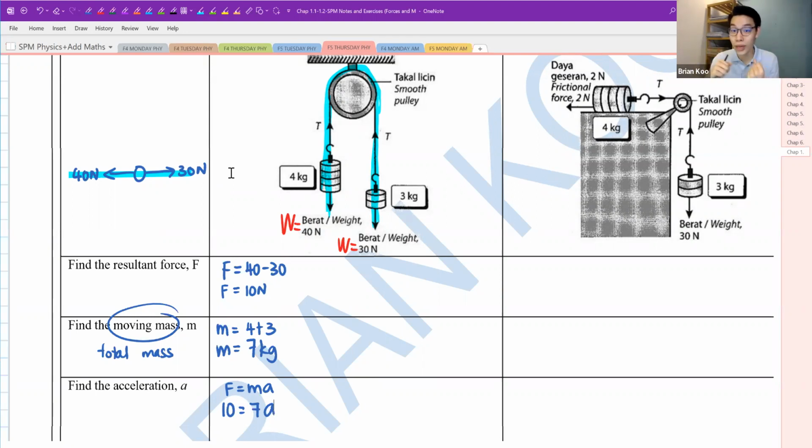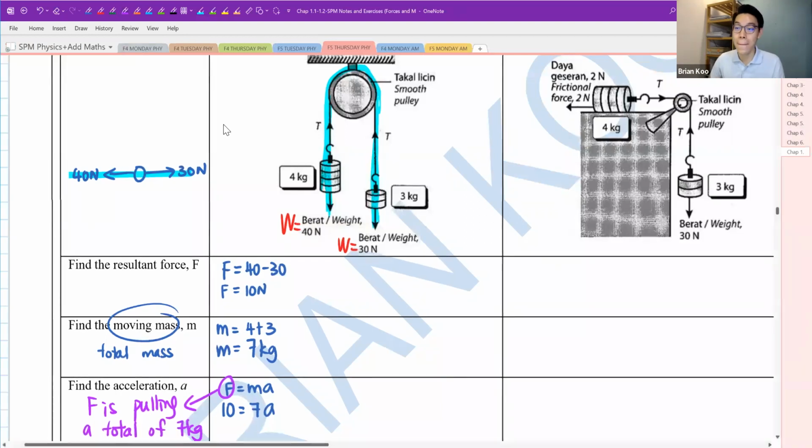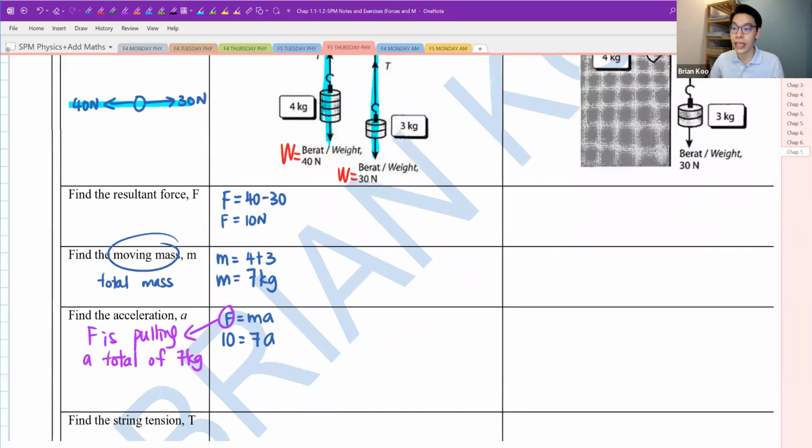That force is also pulling the 3 kg plus the 4 kg. This force is pulling a total of 7 kg. I hope I clear any doubts that you have on why I use 7 kg instead of 4 kg or 3 kg. So acceleration would just be 10 over 7.